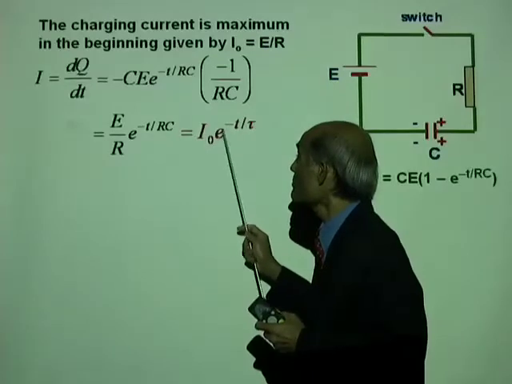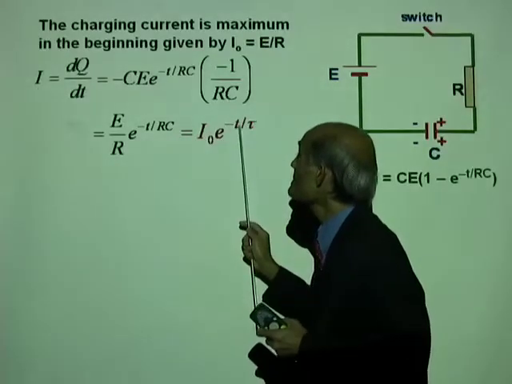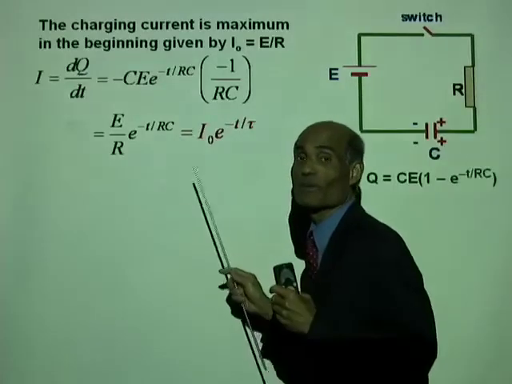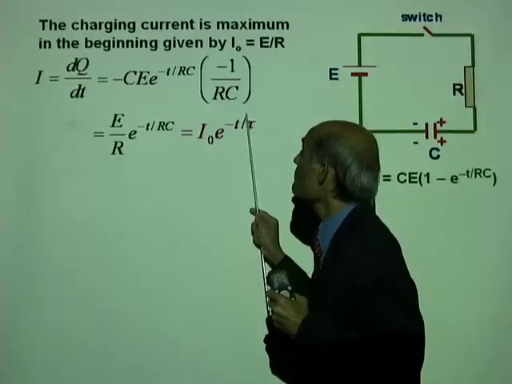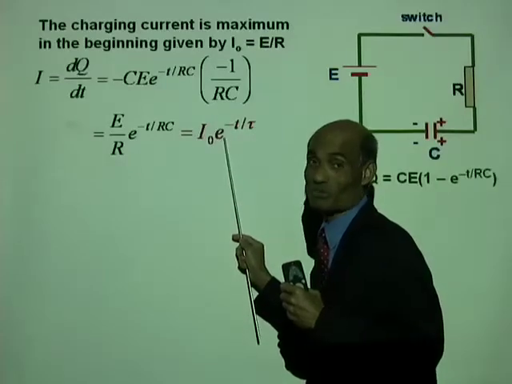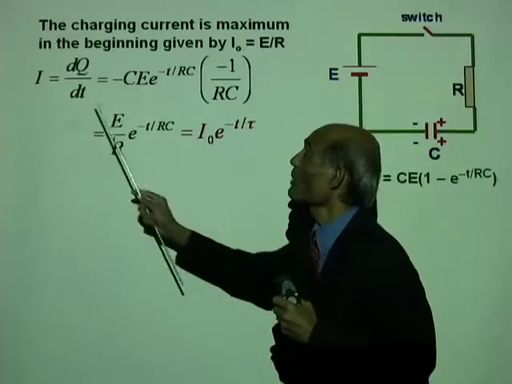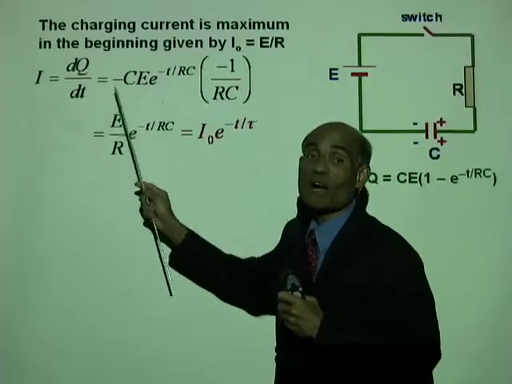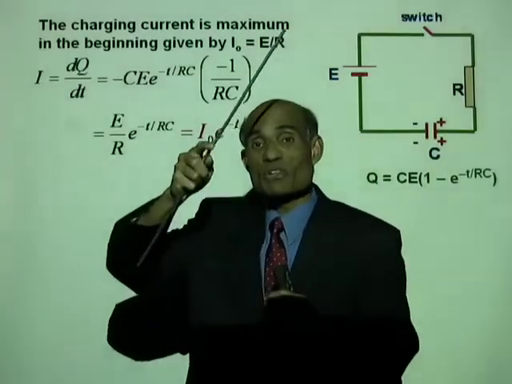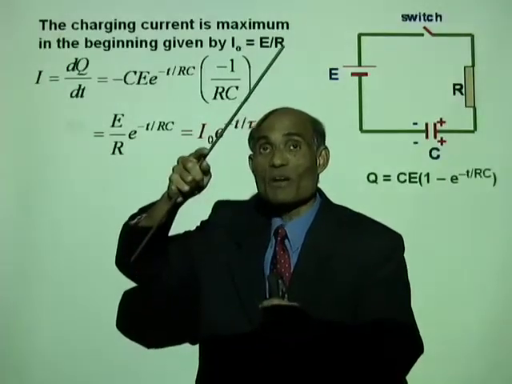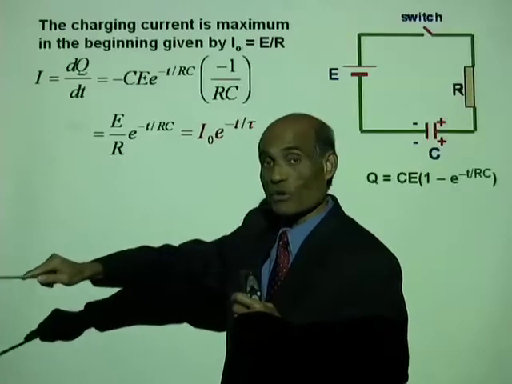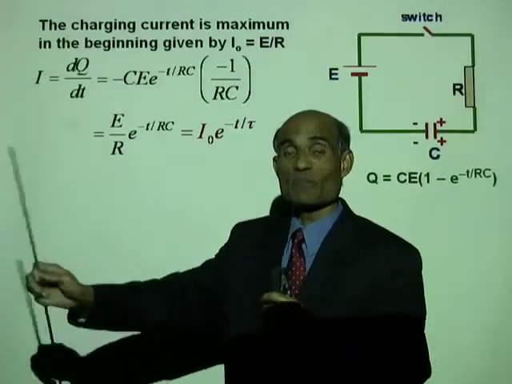Alright, what is the value of I when t is very large, after a very long time? What is the limit of this quantity when t goes to infinity? It will be 0. Therefore, the value of I after a very long time will be 0. We say the current decays. The current decreases from I0 to 0 after a very long time.